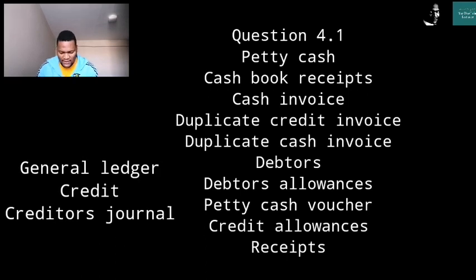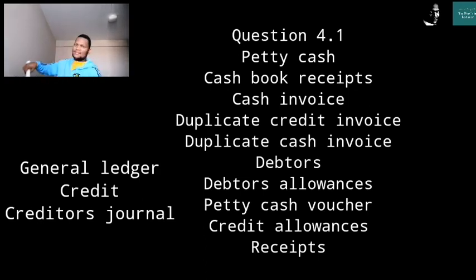The first one says a client enters our store and purchases merchandise which she pays for in cash at the counter. Our bookkeeper must record this transaction in the book from A, then there's open spaces for you.